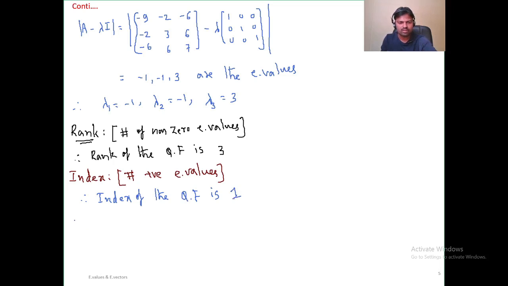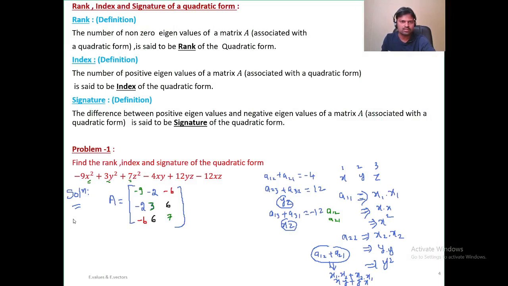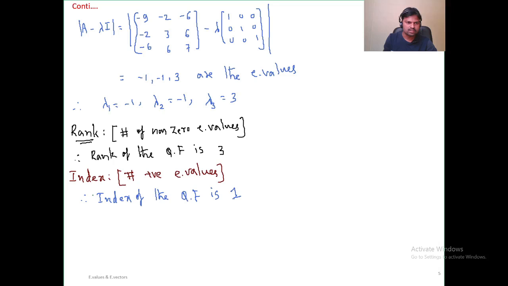Similarly, next one. Rank and index done, and I want the signature. What is signature now? The difference between positive eigenvalues and negative eigenvalues. So next heading is signature.